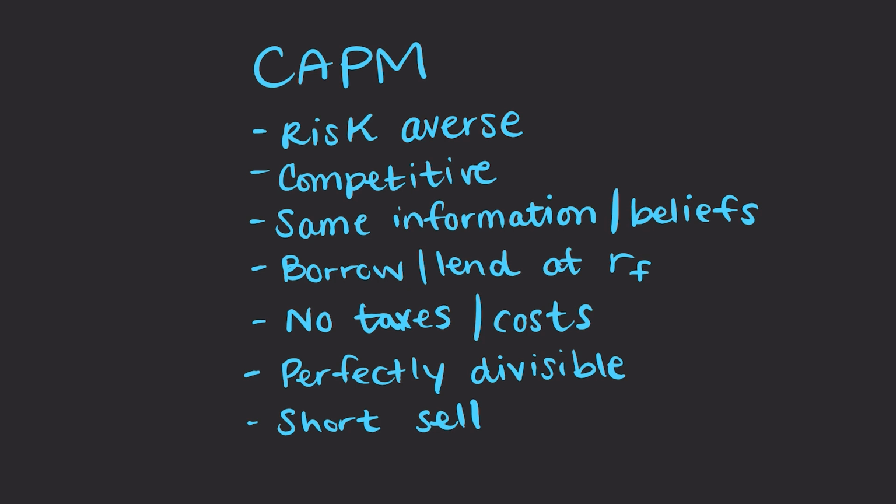Now, this is a very strong set of assumptions. Basically, these assumptions describe what we think of as an ideal market, a market that has no frictions, no private information. Everybody behaves in a perfectly competitive manner. And while we do not necessarily believe that these assumptions will actually hold in reality, the point of the CAPM is not necessarily to be a perfectly accurate asset pricing model.